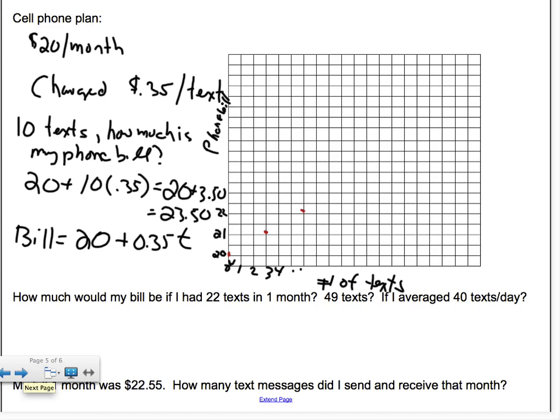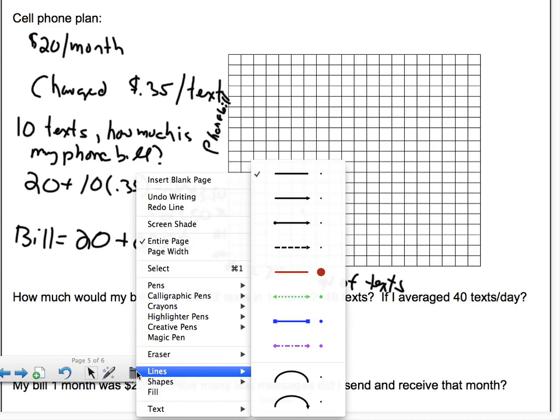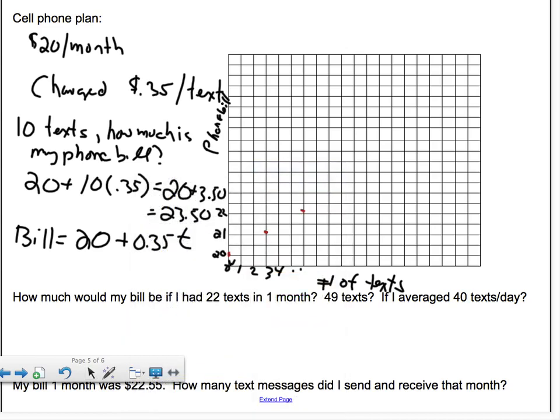I'm just finding 2 or 3 points. They don't have to be one right after another. Any 2 or 3 points that fit my equation, and then I just draw a straight line through these. So here's an equation and how it's graphically represented of my phone bill.